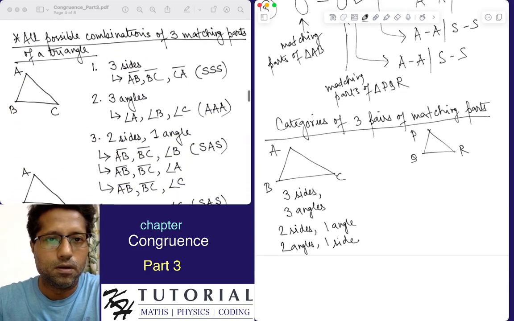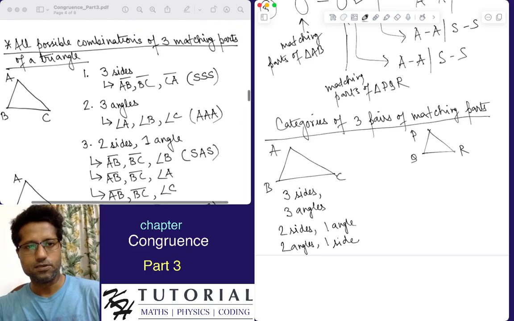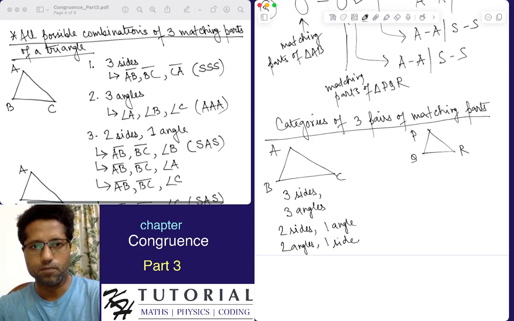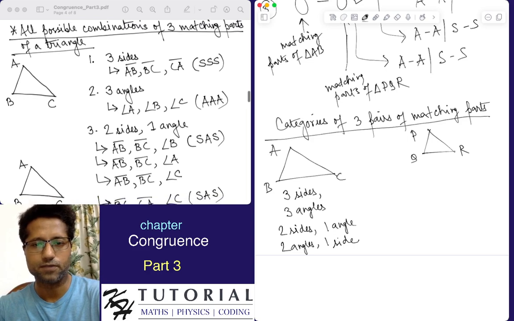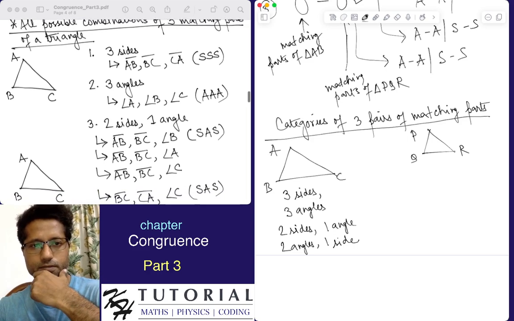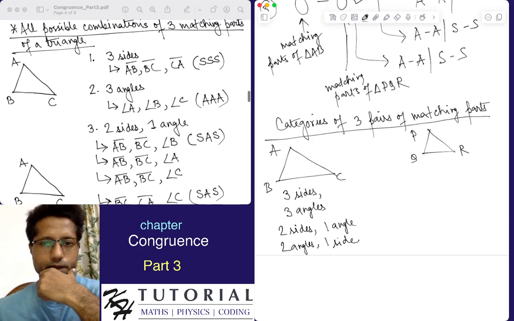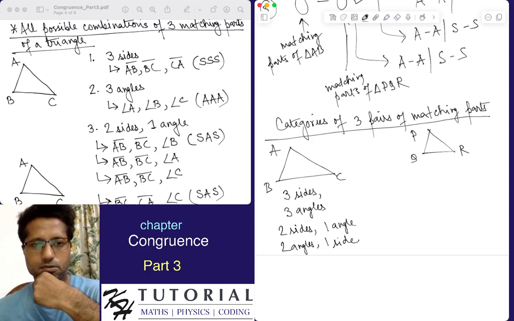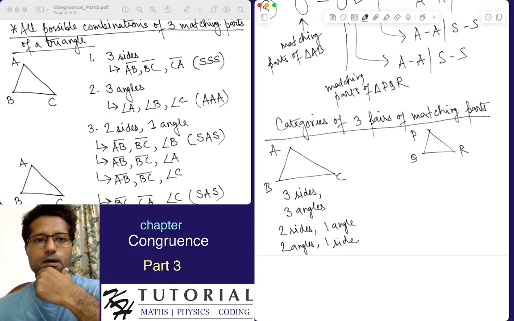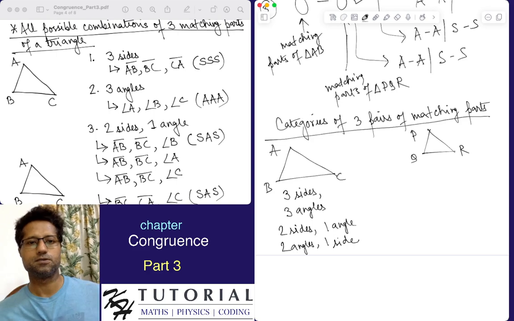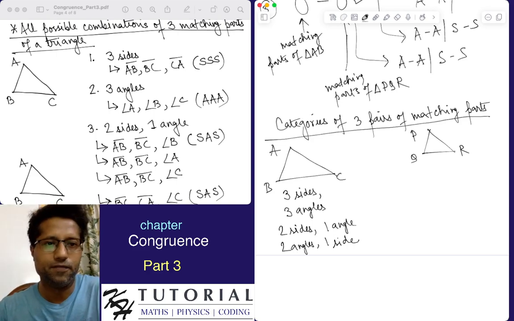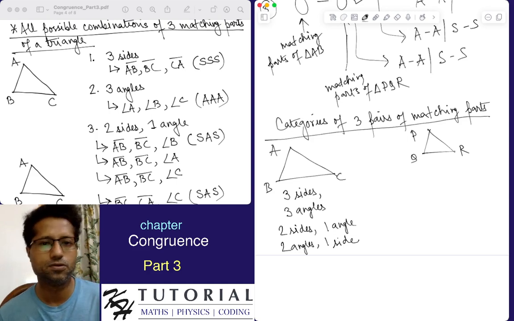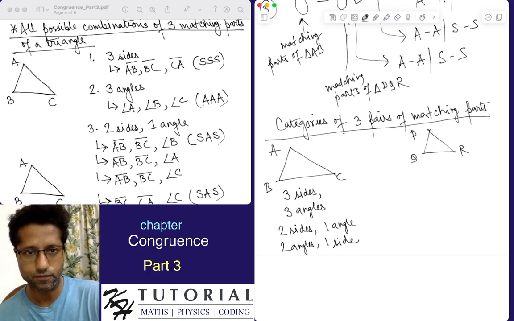Now, in the notes, you can see all possible combinations of three matching parts of a triangle. When we have to select three matching parts from a triangle, what are the possible ways? It could be all three sides, and if you take all three sides, the only possibility is that one, because we don't have any other choice. So the number of choices is one.